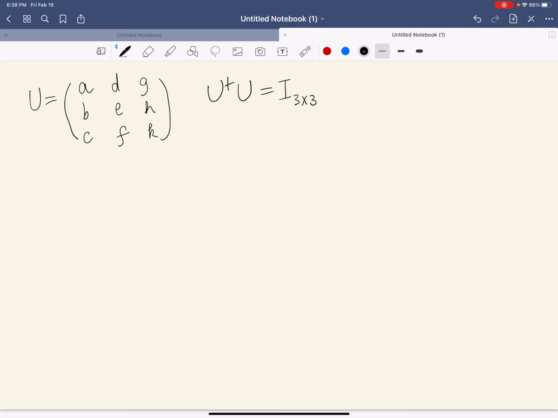Okay, so now I'm going to start with this arbitrary 3-dimensional unitary matrix, and then I'm going to introduce the following basically 2-dimensional unitary matrix.